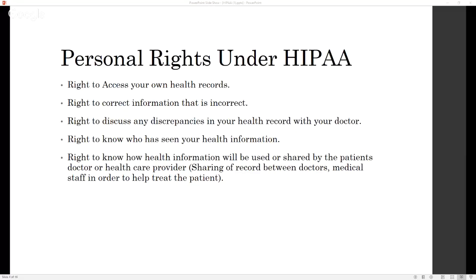Especially with your e-health or computerized health information, there's generally a mark or a computerized signature, if you will, that marks who has seen it, and so on. You also have a right to know how your health information will be used, and this is generally for treating you, and how your health record will be shared between doctors, like I said, for treatment in a hospital or at a doctor's office. Next slide.